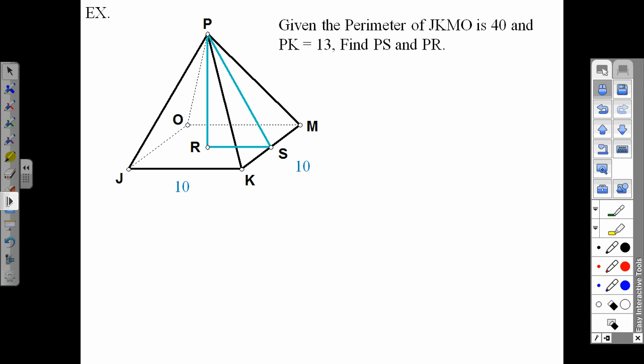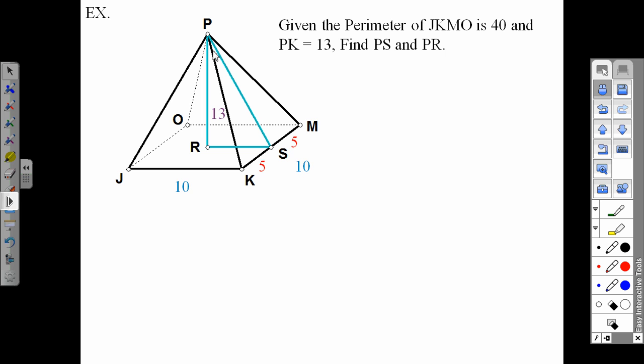Okay, next thing, we know that if this is 10, when you drop down PS, it's going to break this up into 2 equal parts. So both of these are going to have a length of 5. All right, awesome. Next, they tell us that PK is 13.